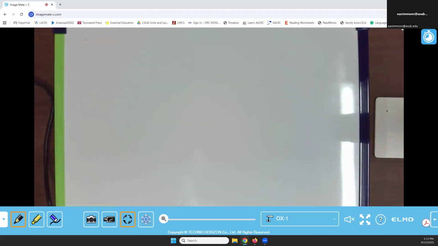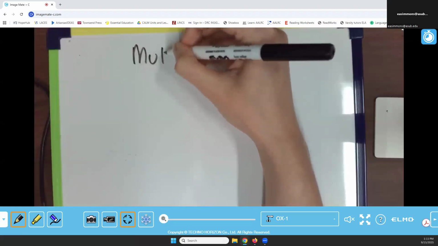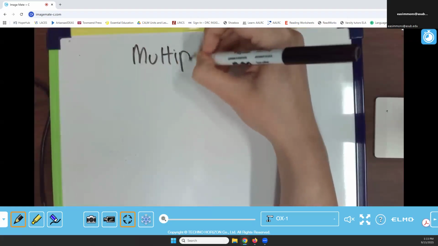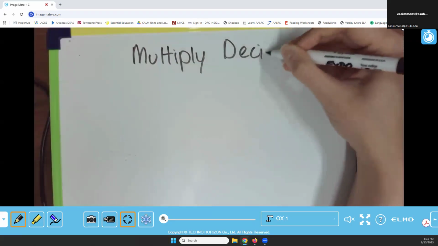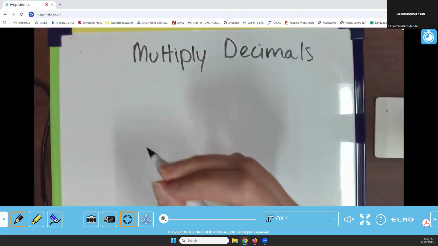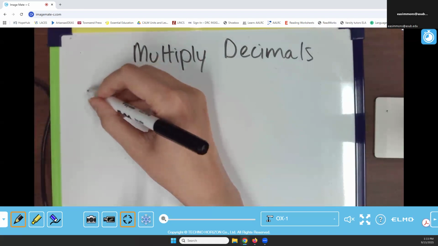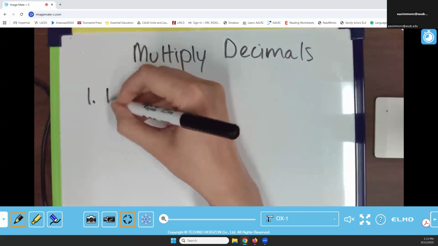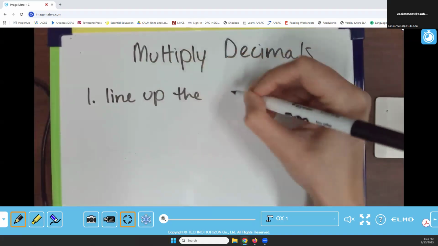When we multiply with decimals, we want to make sure we do a couple things. First off, we want to make sure we do this vertically, and we want to line up the last digits.